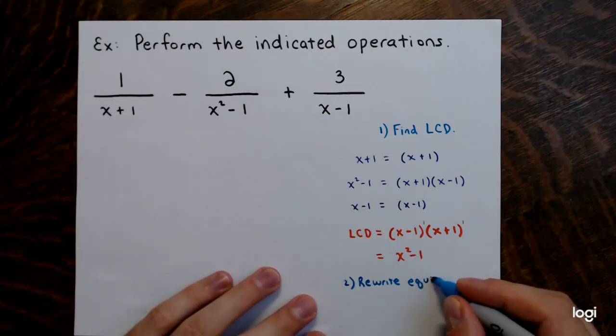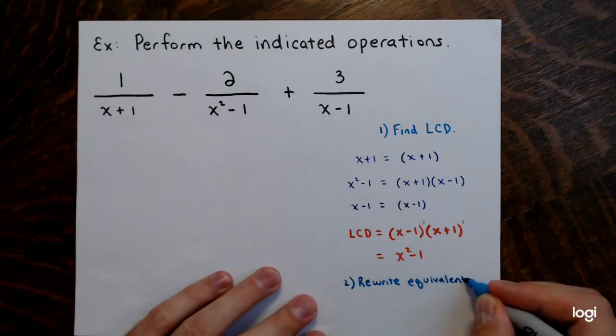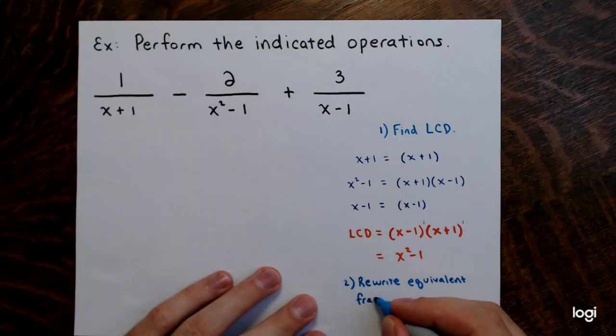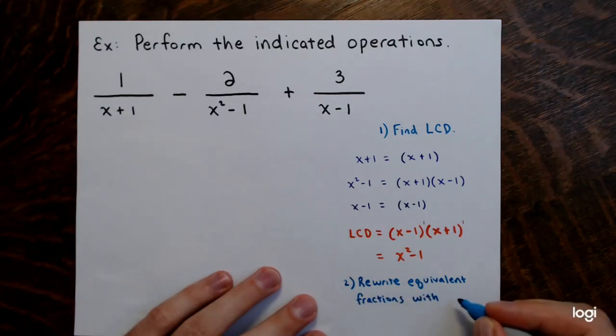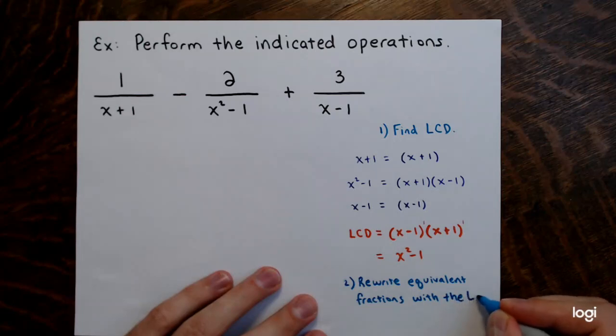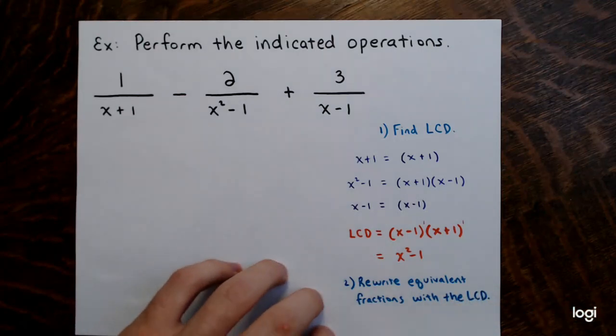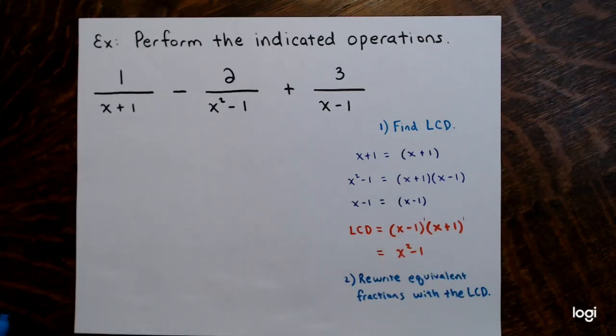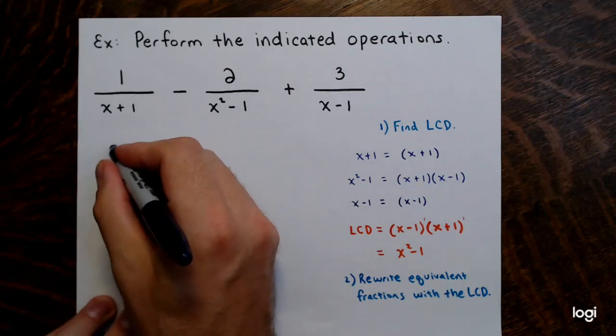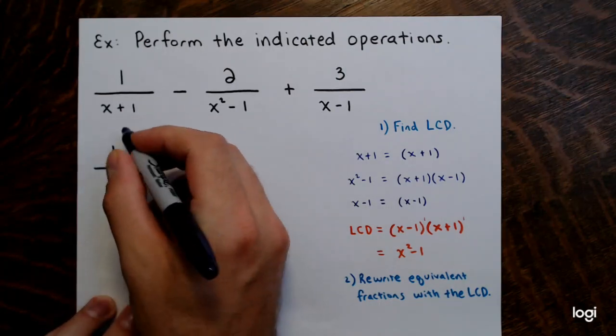So we're going to rewrite equivalent fractions with the LCD. That just means with this as the new denominator. I'll take these one at a time. So we have 1 over x plus 1, the first fraction.